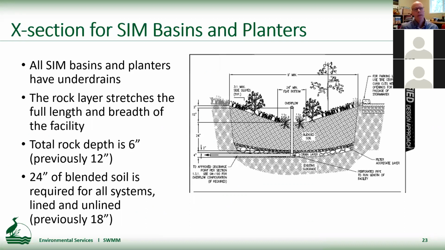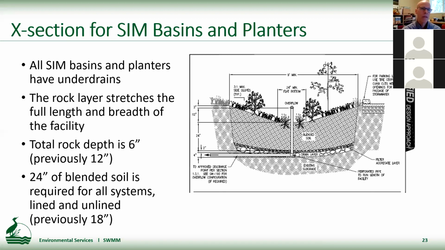Okay, I'm going to talk about the quite a few slides coming devoted to the new cross section for our standard presumptive approach designs. But this first slide, I wanted to talk first about the cross section for simplified basins and planters. There's just a couple of changes here. All simplified basins and planters continue to have underdrains, liners, and infiltration systems.